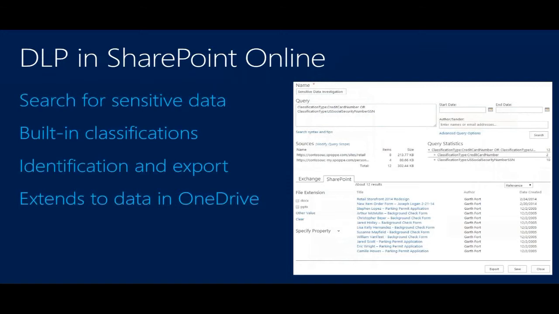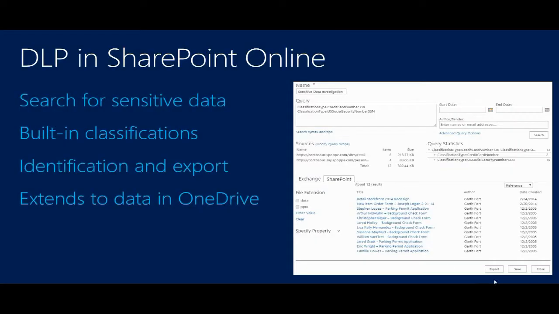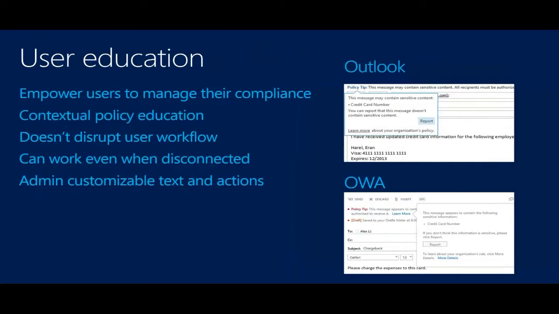You can have built-in classifications of data that's in your SharePoint site, and this really does extend all the way out for those of you that are using OneDrive and OneDrive for Business. It's an unbelievably good tool to actually start protecting your data in those environments.